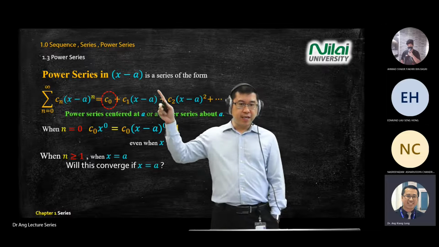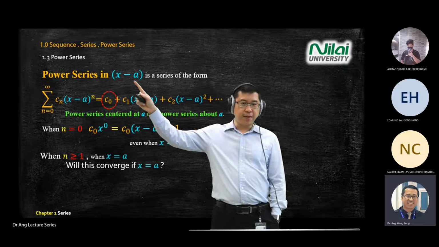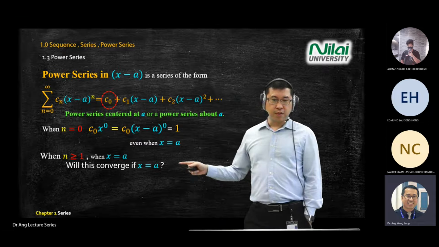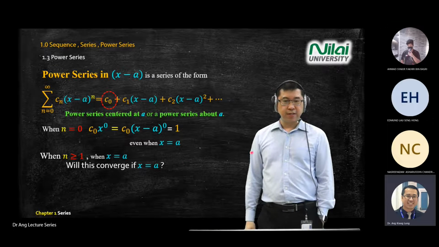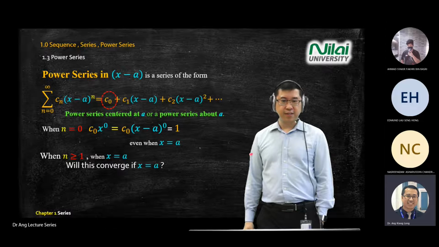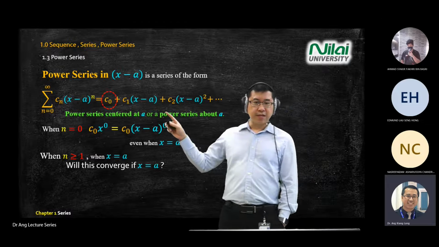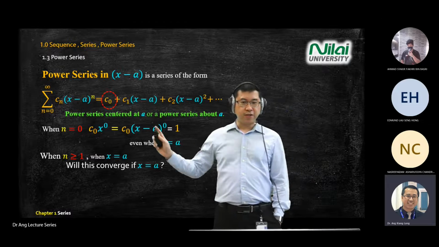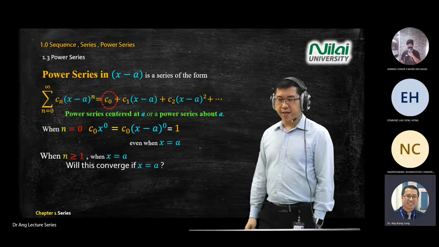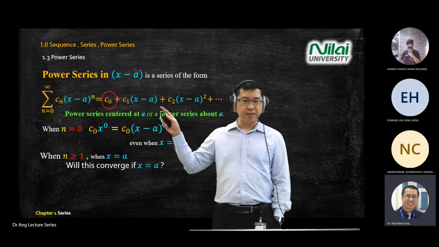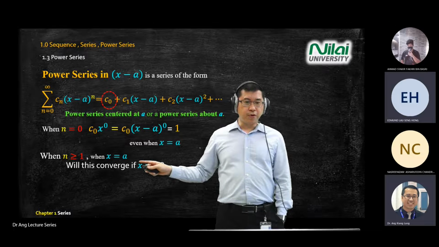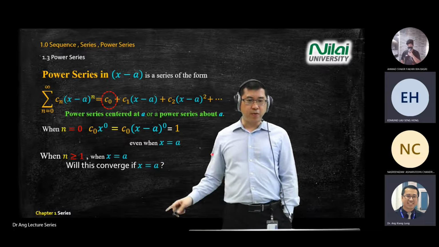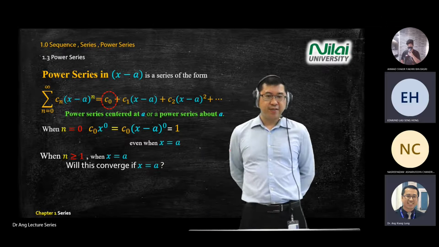And inside this bracket, your x equals a means 0. What do you get? Will it converge? What do you think, Edmund? Will this equation converge if your n is more than 1, when your x equals a?